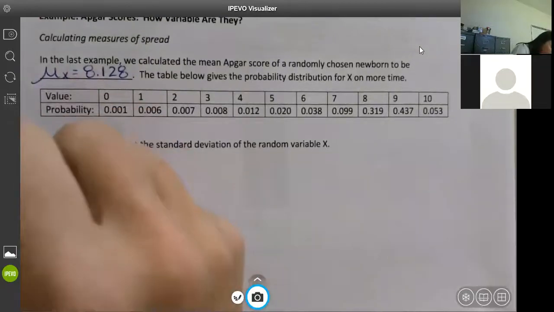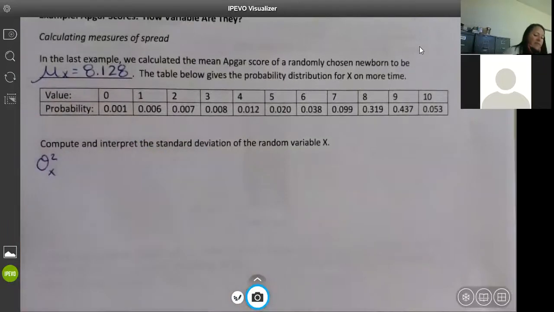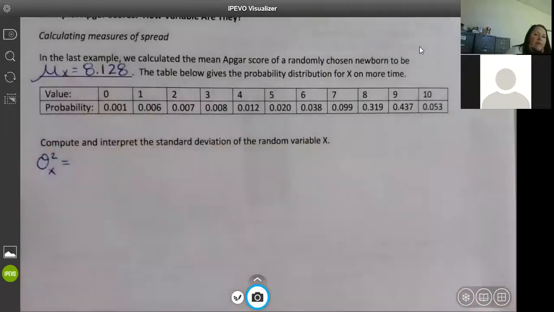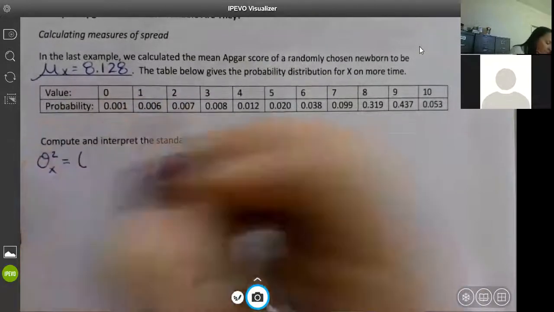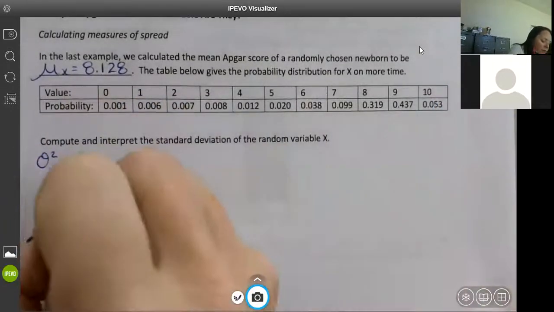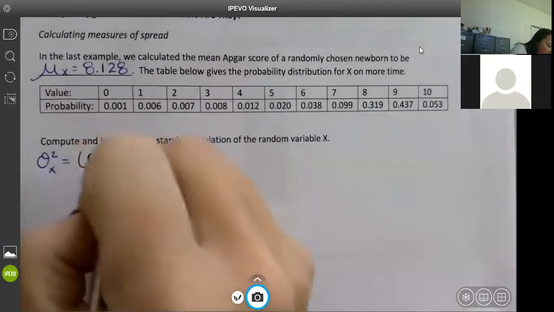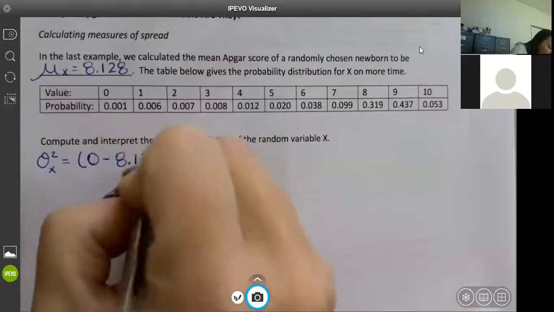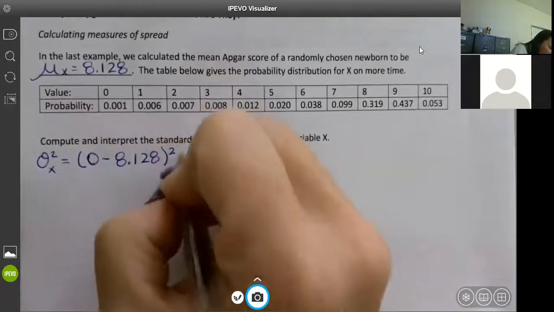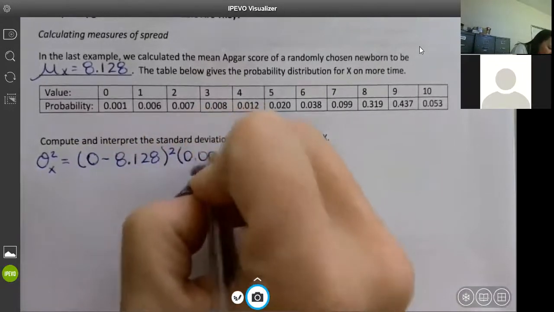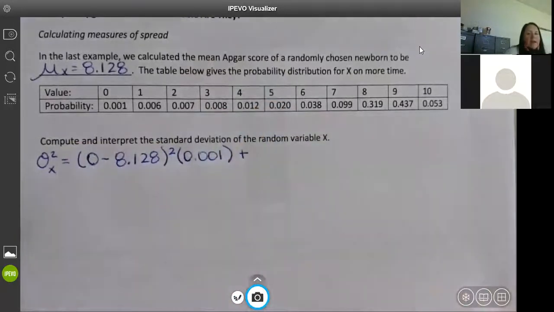So here's what we're going to find. We're going to find the variance first. To find the variance by hand, you do the observation, which is your value, 0, minus your mean, squared, times your probability. And then you add it to the next one.